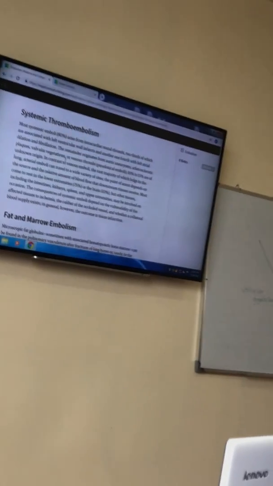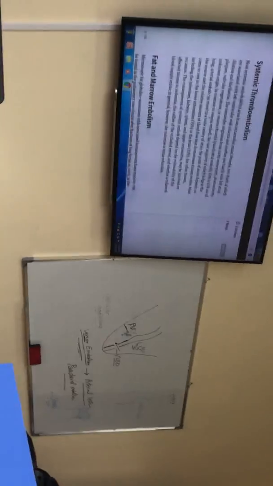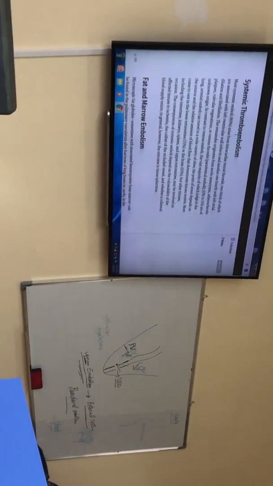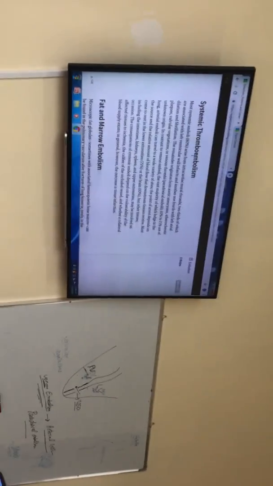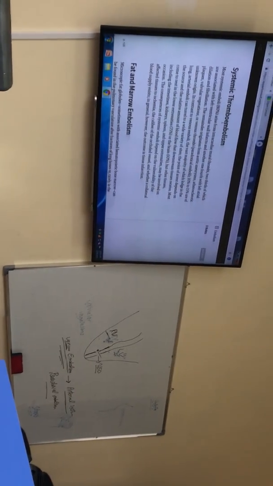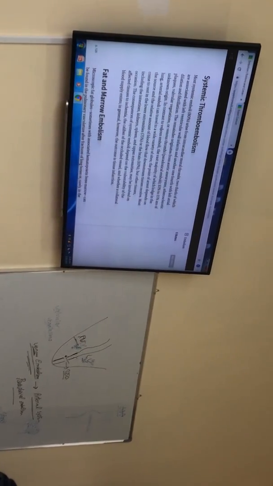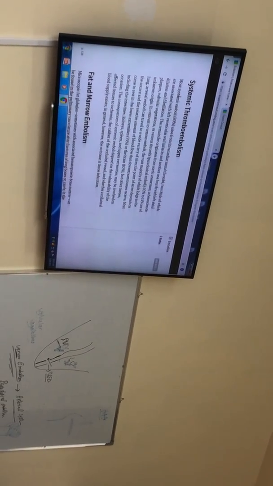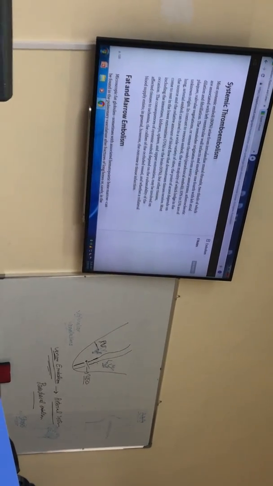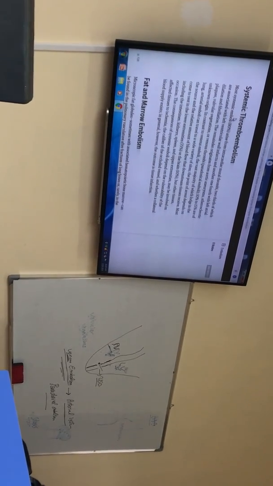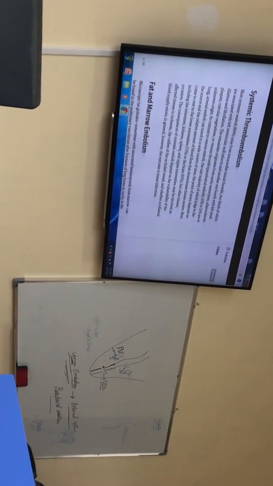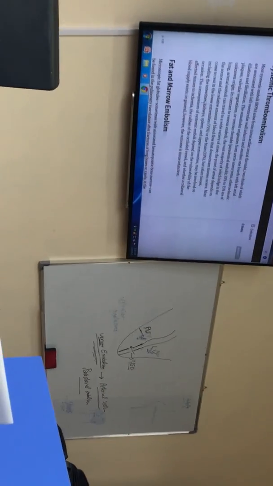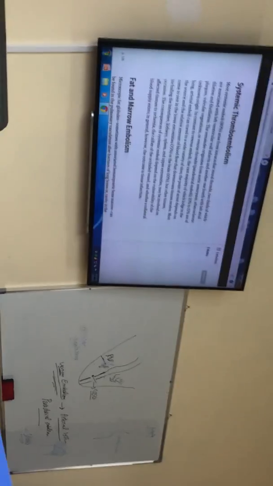And here, again, the organs that are involved in systemic thromboembolism. In pulmonary embolism, thrombosis from leg veins travels to the lung, but if there is a mural thrombus in the heart, then this can travel to other tissues. These are also asked in questions.